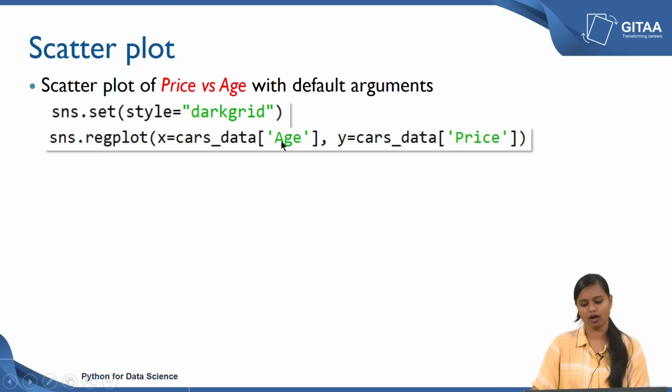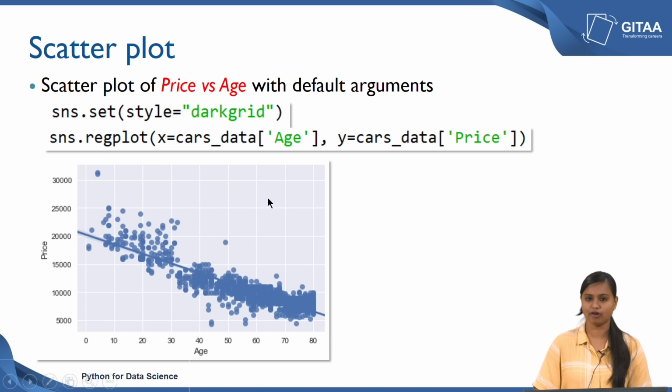We are going to check how price varies with respect to the age of the cars. Here, I have accessed the age variable from the data frame cars_data. Similarly, I have accessed the price variable from cars_data. So, this would be the output that you will be getting by setting the style as darkgrid and giving x as age and y as price.